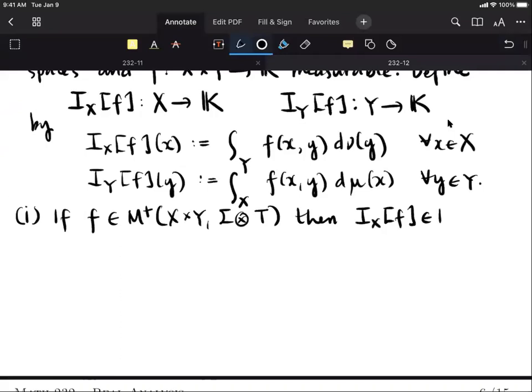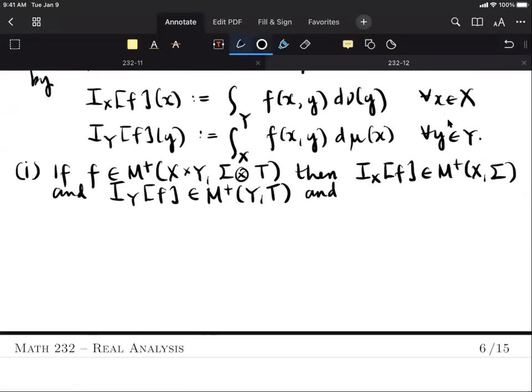So this must be in M plus of X sigma, and similarly for I_y, in M plus of Y tau.